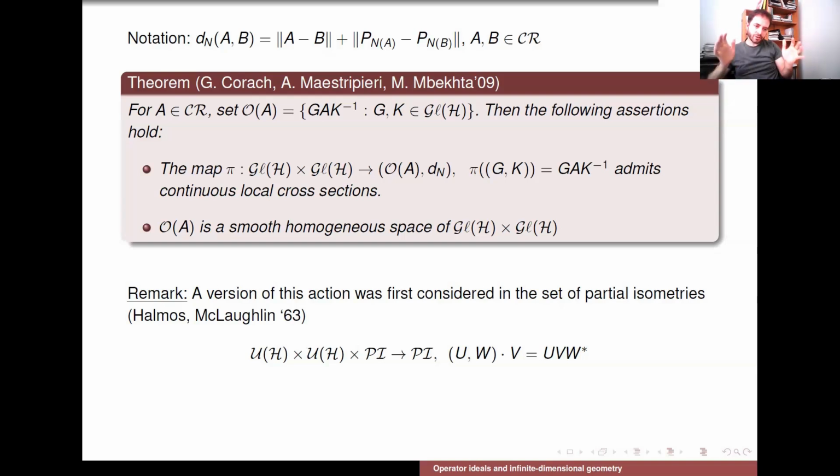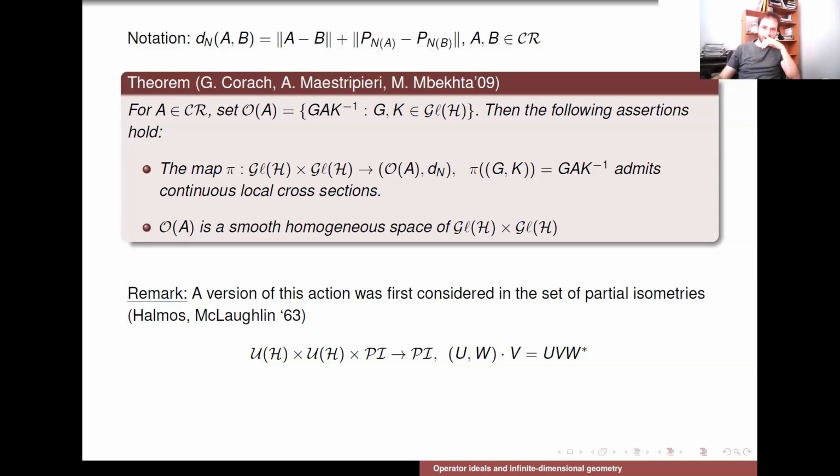You need that the projections onto the null spaces are close enough to get continuity of the local cross sections. And the other part of the result is that these orbits are smooth homogeneous spaces of this product group. They prove that the isotropy group is indeed a Banach-Lie subgroup. So these orbits then become a smooth homogeneous space.